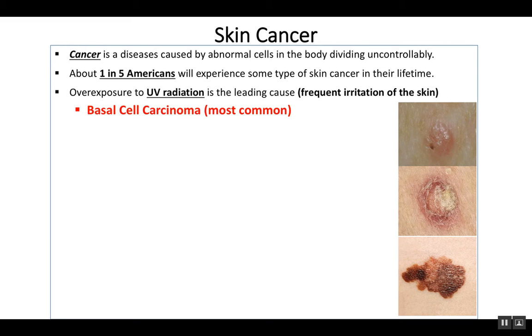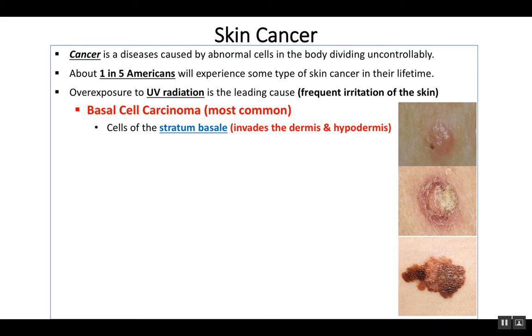We're going to talk about the 3 types of skin cancer. Again, collectively, they make up about half of all cancers in the United States. Basal cell carcinoma makes up about 78% of skin cancers. Basal cell carcinoma, therefore, would be the most common form of skin cancer. It occurs at the stratum basale.